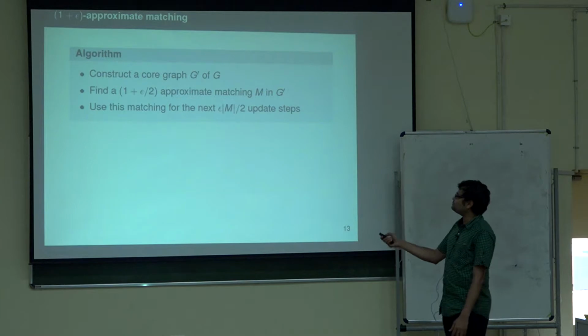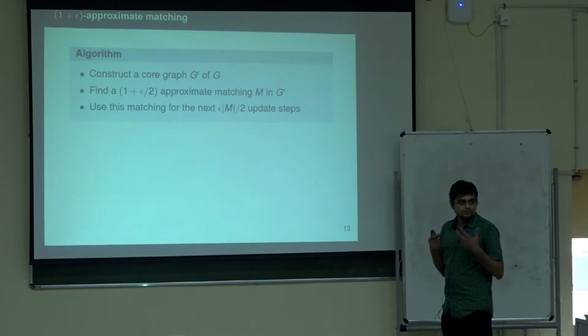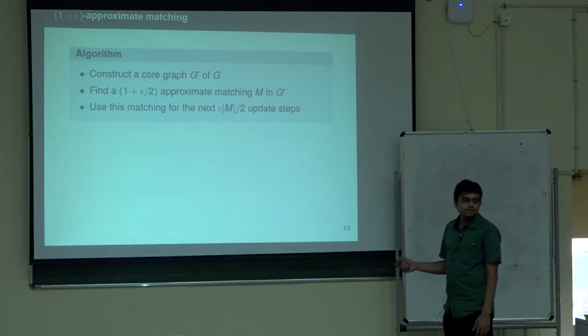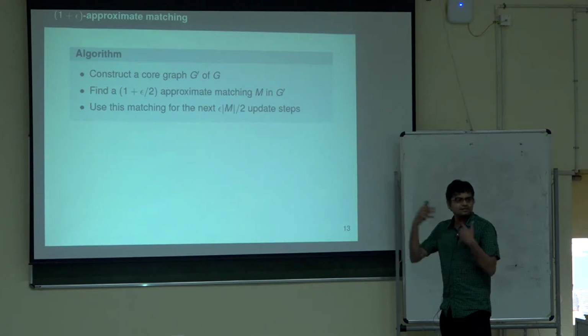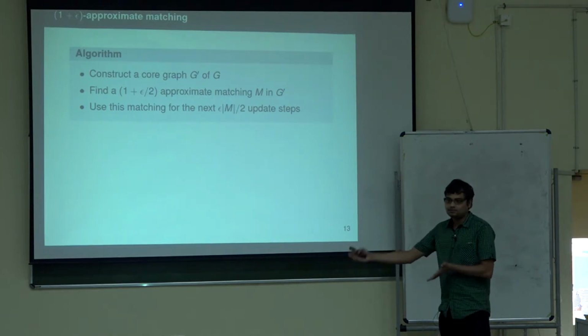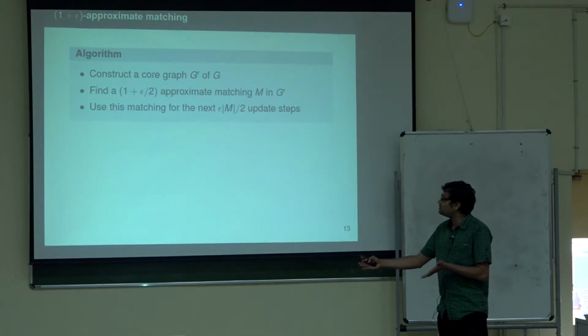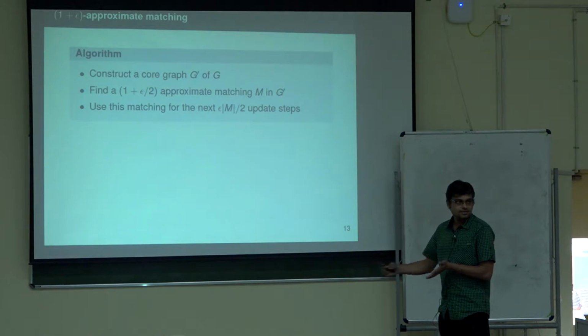So here I am calculating a solution which is (1 + epsilon/2) approximate, a pretty good solution. And then I will do nothing for the next epsilon m/2 update steps. So this is one phase. After this phase, again find a very good approximate matching, and then again don't do anything for the next epsilon m/2 update steps. And this is how the algorithm will run in phases.